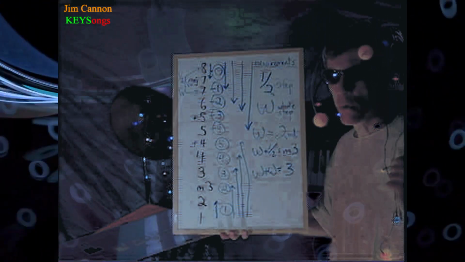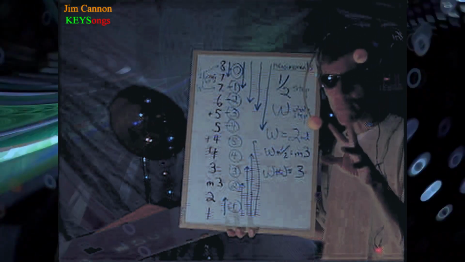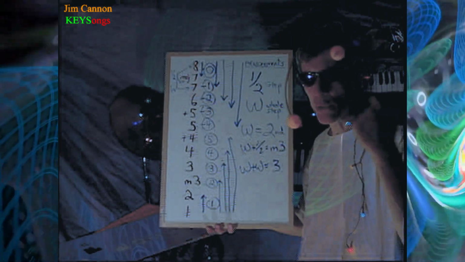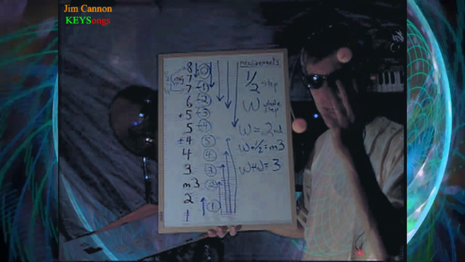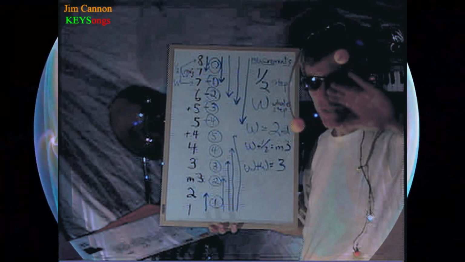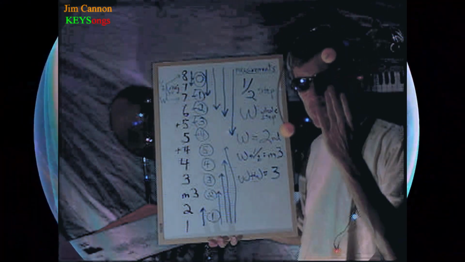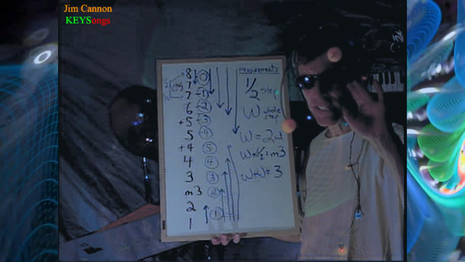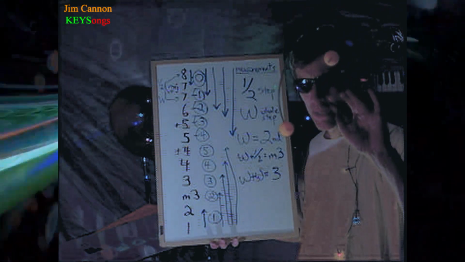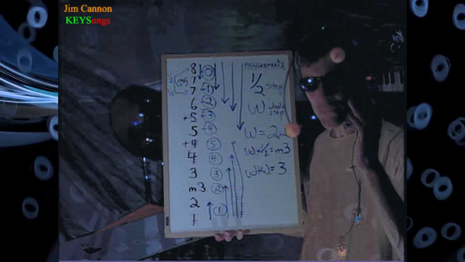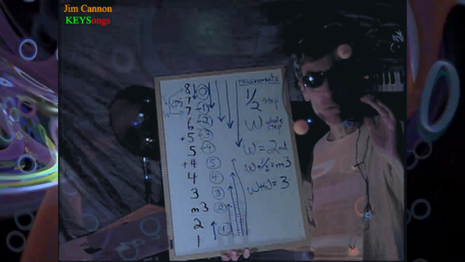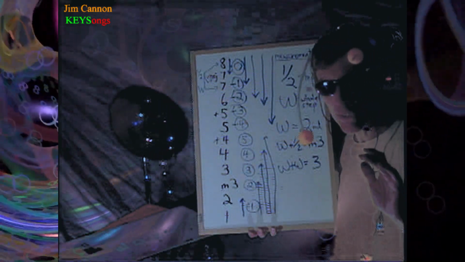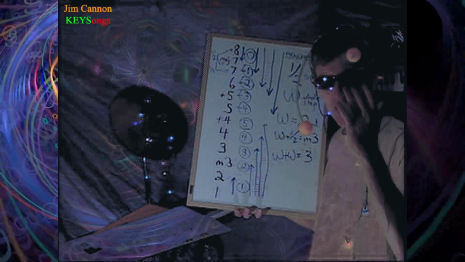For example, wherever we're starting as a 1 and we go to a 2, which is a whole step away, 2 and M3 touch each other. You have to be able to feel how to squish your fingers together to touch each other between a 2 and an M3. So that's the distancing in between a half step and a whole step. It is important to really know your distancing in your finger feeling between a half step and a whole step.